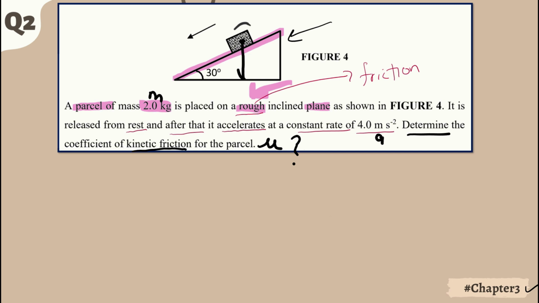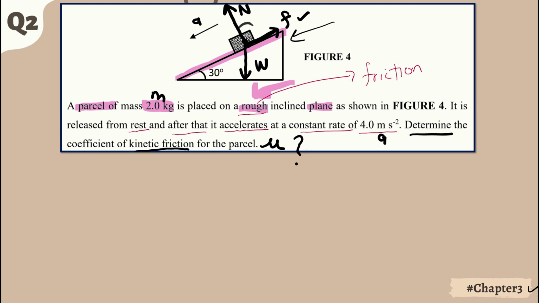In this case, we have weight, normal, always perpendicular to the surface, and then friction. The friction is in the opposite direction to the direction of motion. So if we draw the free body diagram, your friction is here, your weight is here, then your normal is here.